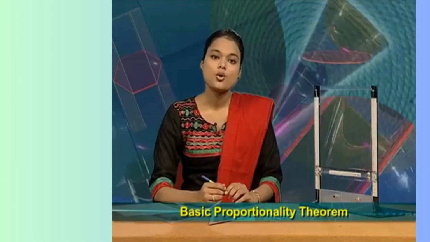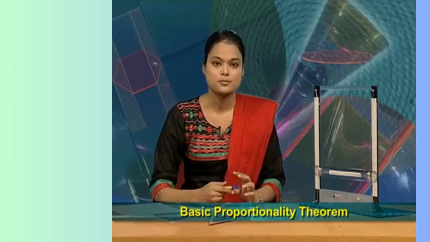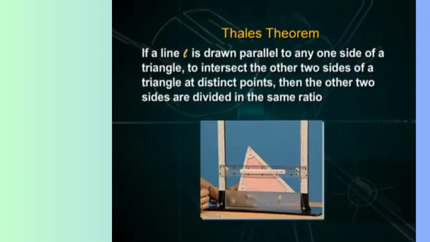Now students, what do you mean by basic proportionality theorem? Basic proportionality theorem states that if a line L is parallel to any one side of a triangle and intersects the other 2 sides of the triangle at distinct points, then the other 2 sides are divided in the same ratio.